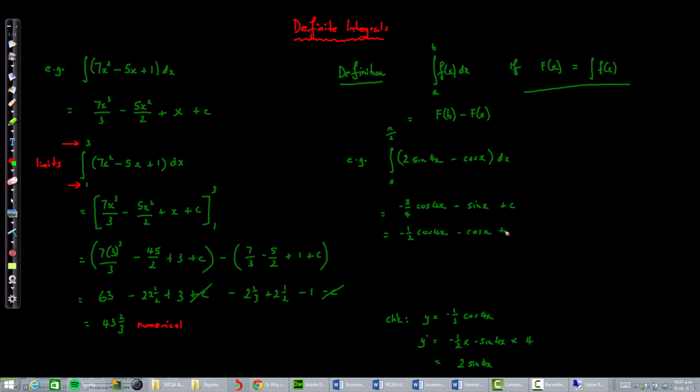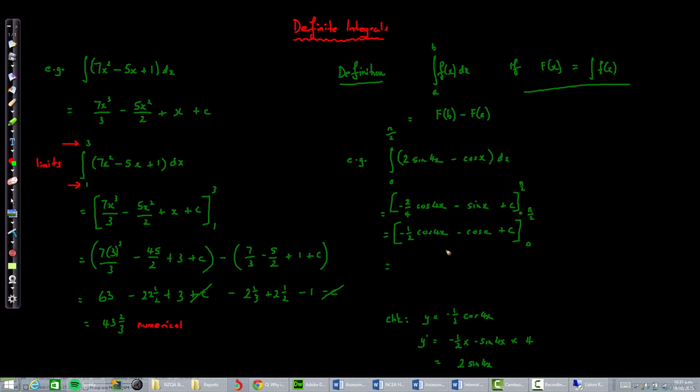Once again I am putting the constant in, just to show you that when we do our working, that constant will cancel. Let's go with pi over 2 and 0, and now let's carry on with our definite integral. We should actually have put those limits there as well.